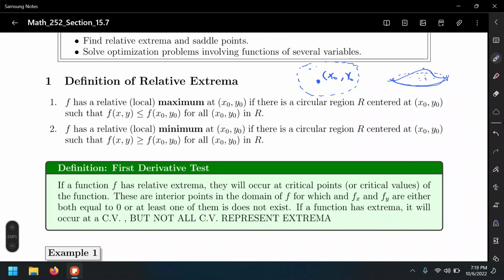In other words, we're at the top of the hill, we are at the maximum. The minimum follows a very similar definition, but in this case we have that minimum point, and f of x, y at every other point is actually above the point that we claim is the minimum.